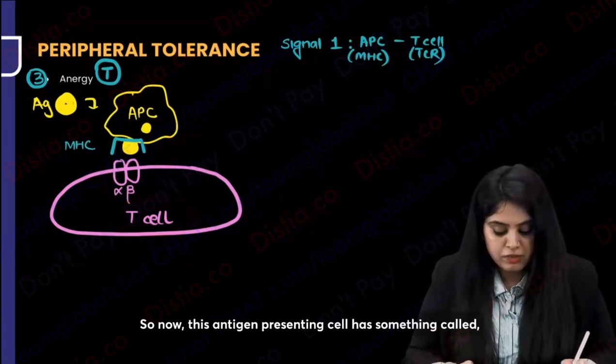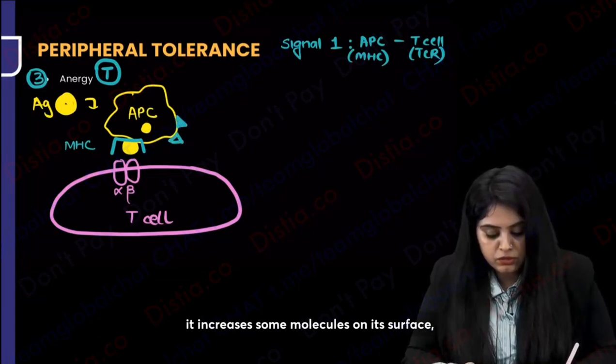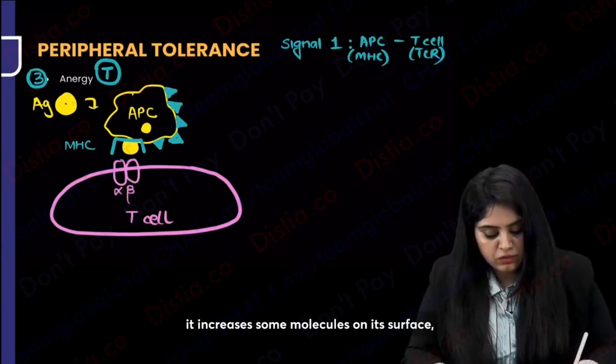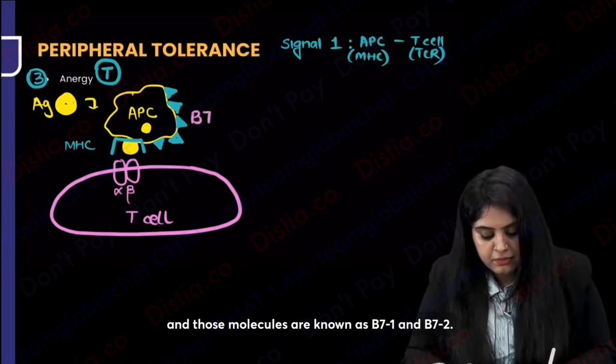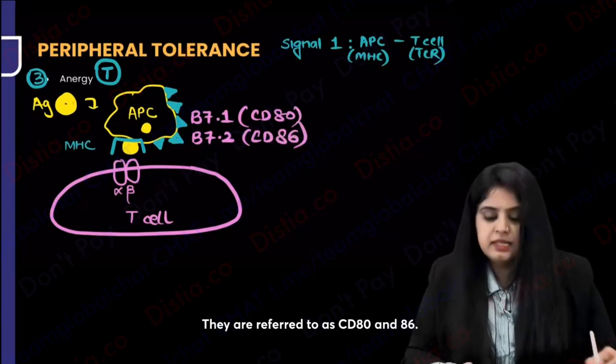So now this antigen presenting cell increases some molecules on its surface, and those molecules are known as B7-1 and B7-2. In other words, they are also referred to as CD80 and CD86.